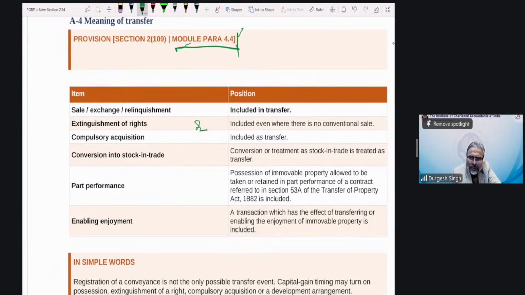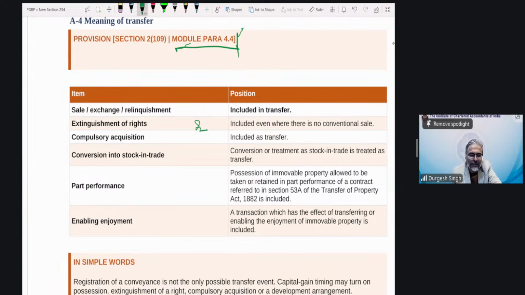Sale, exchange, relinquishment. We also did extinguishment of right, compulsory acquisition. By the way, students, in compulsory acquisition, generally the acquisition is by law, and in many cases it is in respect of real estate, like a building or a land. That is what is compulsorily acquired, isn't it?